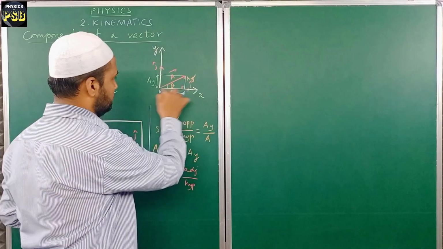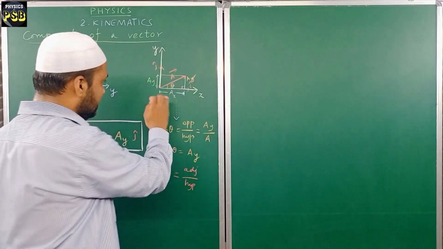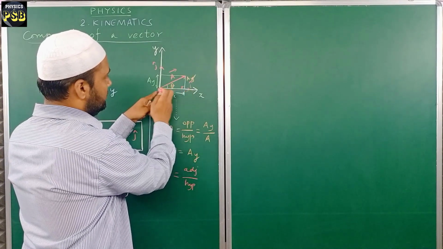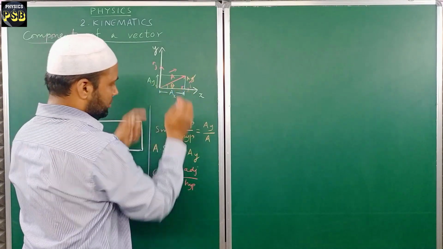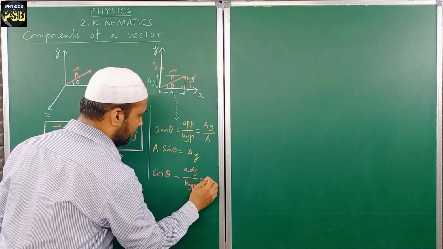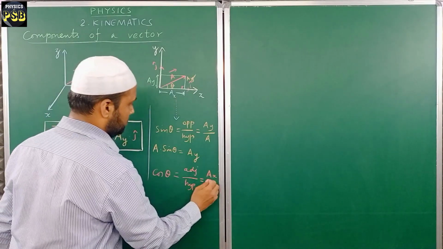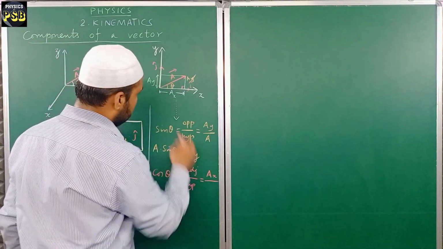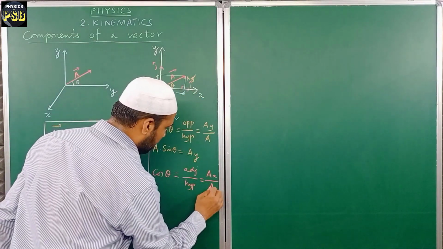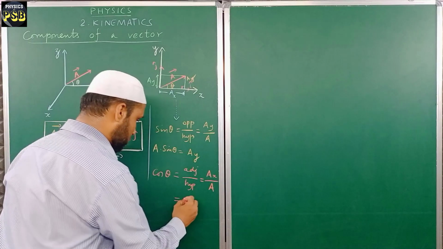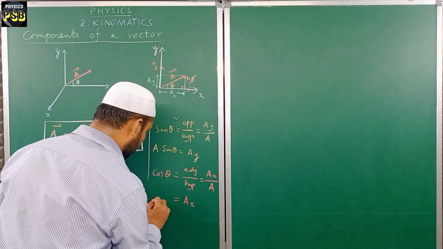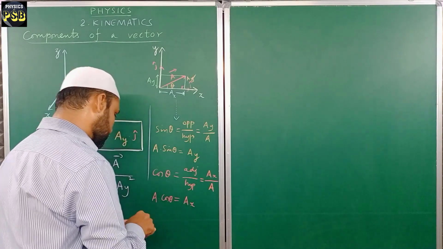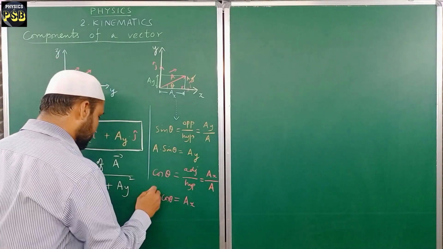Here, in this right angled triangle, the adjacent side is AX, divided by hypotenuse. Hypotenuse value is A, so AX equals A cos theta.